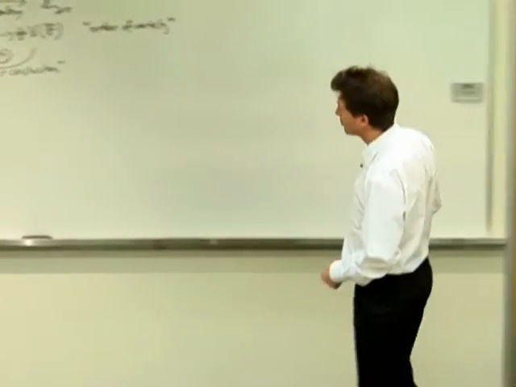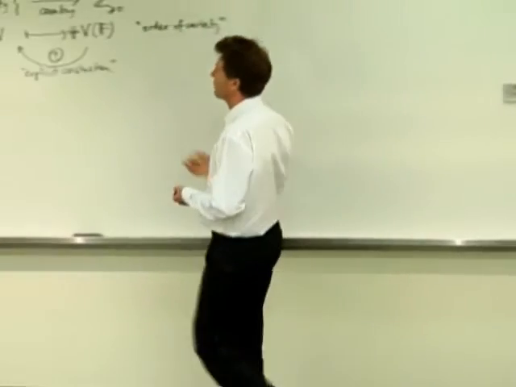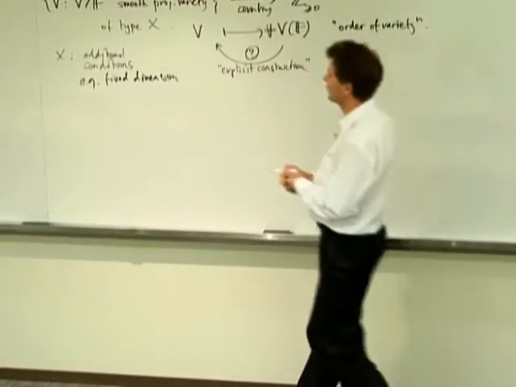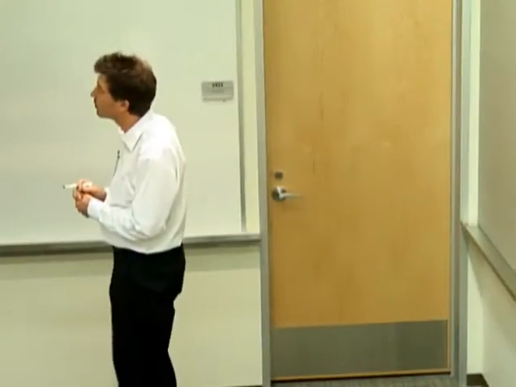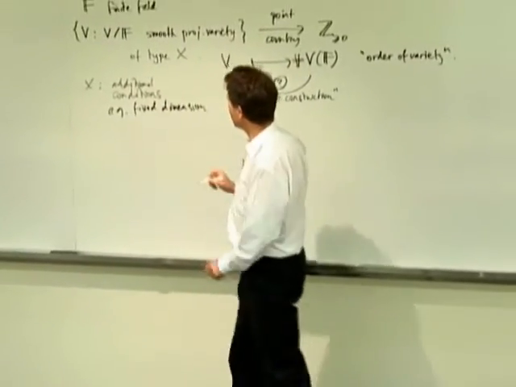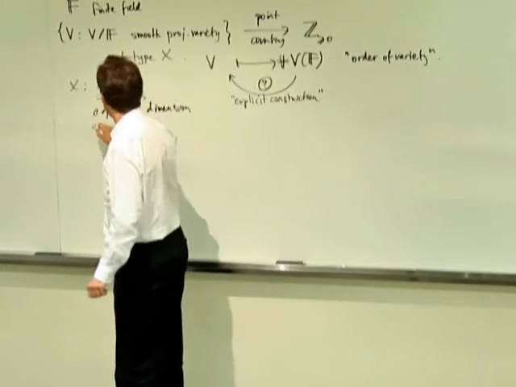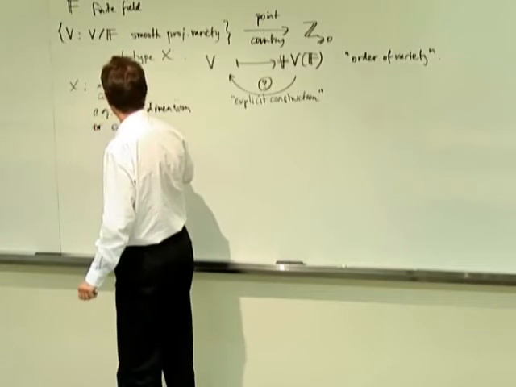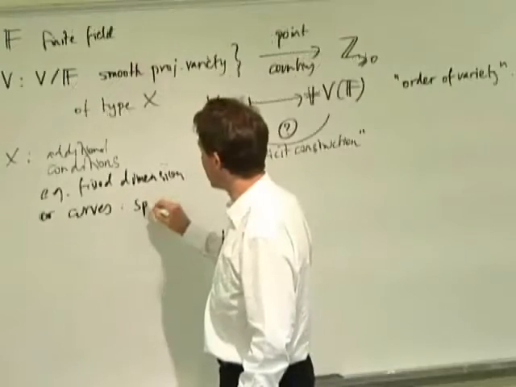Otherwise, usually the problem becomes too easy, since any number, of course, if you have complete freedom, is easy to realize as a point set of some kind of curve. If you want to, already for curves, it's sort of easy, fixed dimension or if I go for curves, then specific genus.